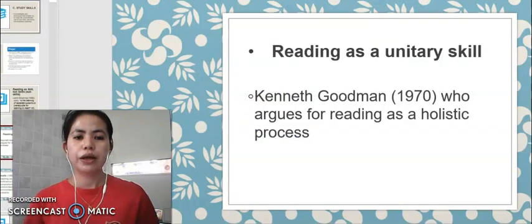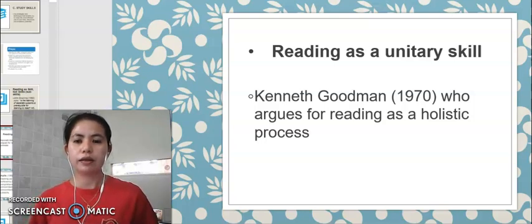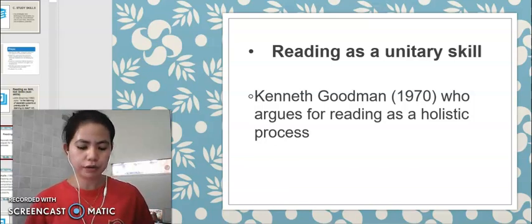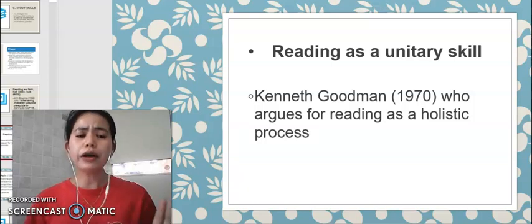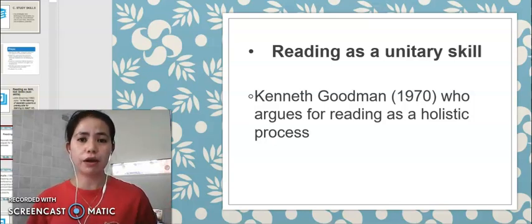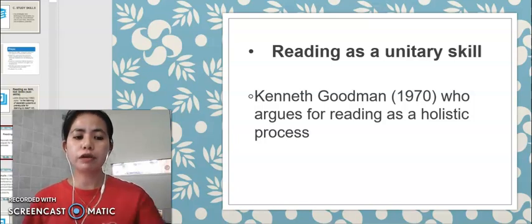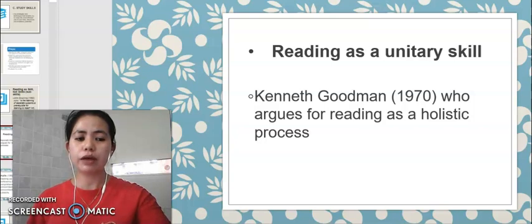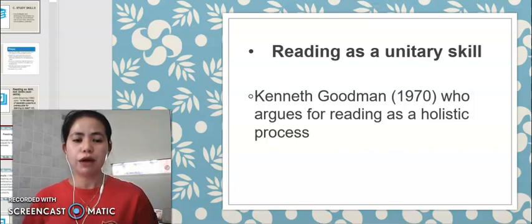Next, reading as a unitary skill. There are views on this. According to Kenneth Goodman in 1970, who argues for reading as a holistic process, there is no possible sequencing of skills in reading instruction, since all systems must be used interdependently in the reading process, even in the first attempts at learning to read. So for him, there are no logical steps to follow.